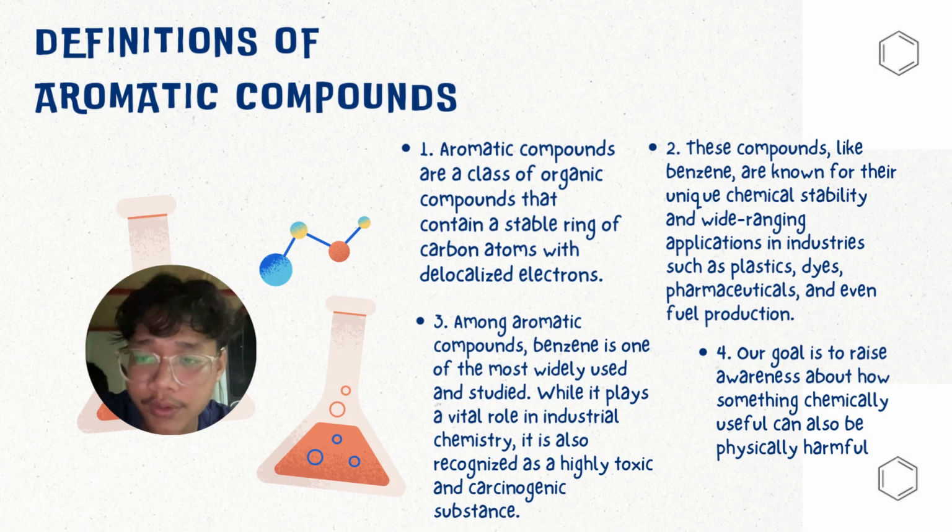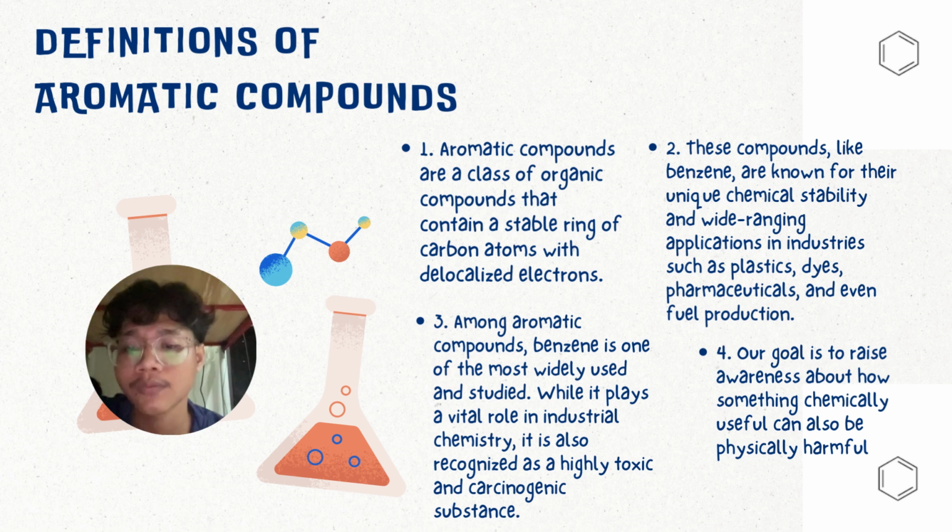Now let's start with a definition of aromatic compounds. Aromatic compounds are a class of organic compounds that contain a stable ring of carbon atoms with delocalized electrons. These compounds, like benzene, are known for their unique chemical stability and wide-ranging applications in industries such as plastics, dyes, pharmaceuticals, and even fuel production.